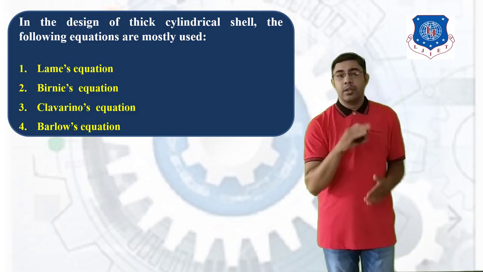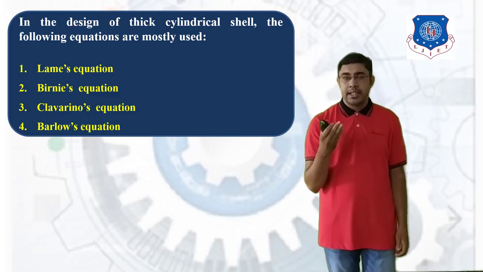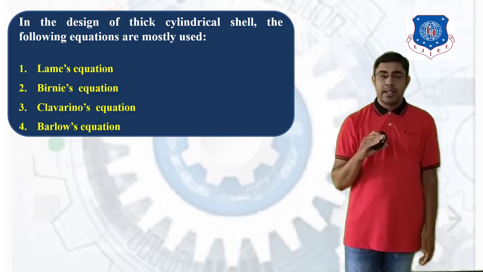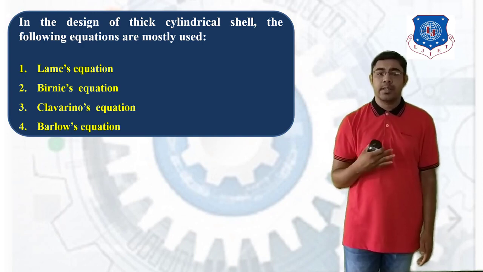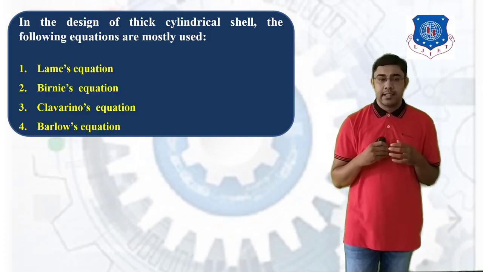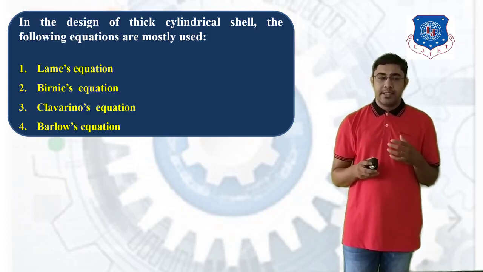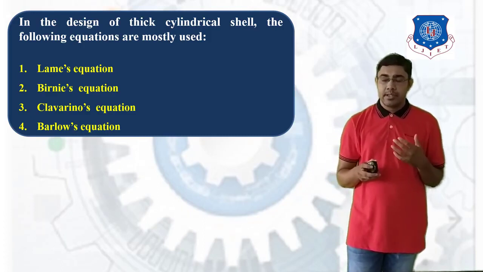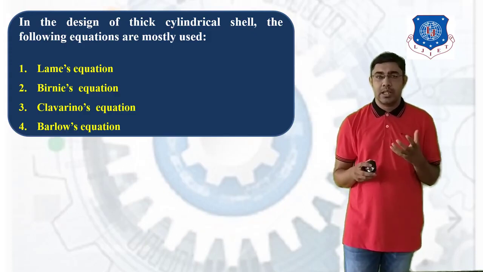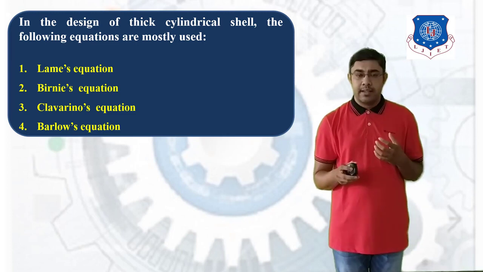So according to the material of the cylindrical cells and the end conditions of the pressure vessels, we use these four equations, which are mostly used in thick cylindrical cells.